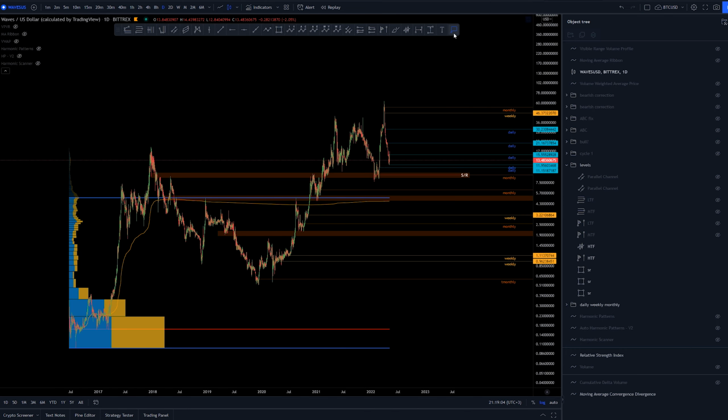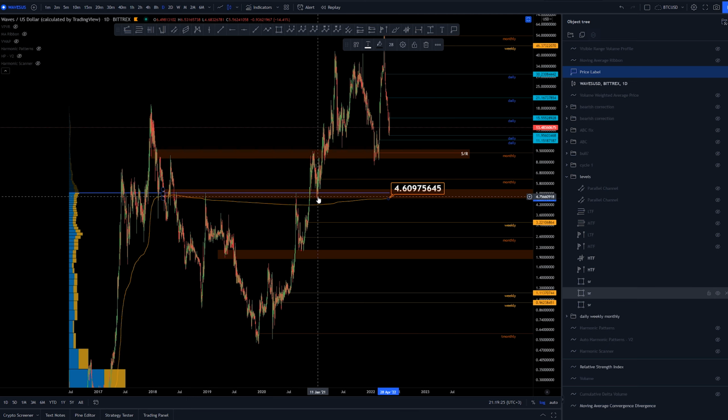The only thing I want to mention about this higher time frame is the anchored VWAP from the all-time lows coming up here with the range value area high, with a support and resistance level that has been established multiple times, acting as resistance, resistance, resistance, support.